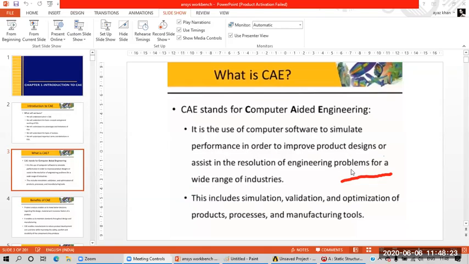Before failing anything or before producing anything, we analyze every aspect of that product. Everything is involved: what will be the environmental conditions, what kind of forces will be acting on that machine, that part, that product.